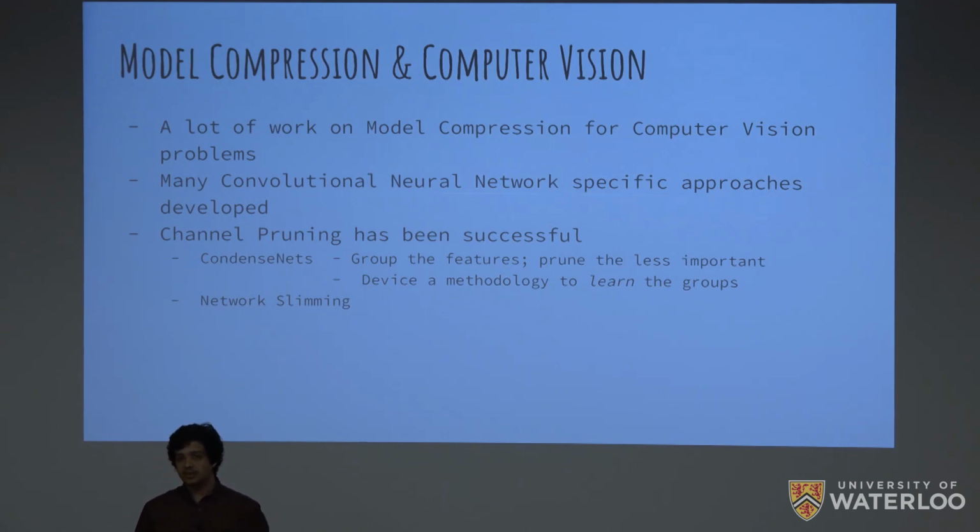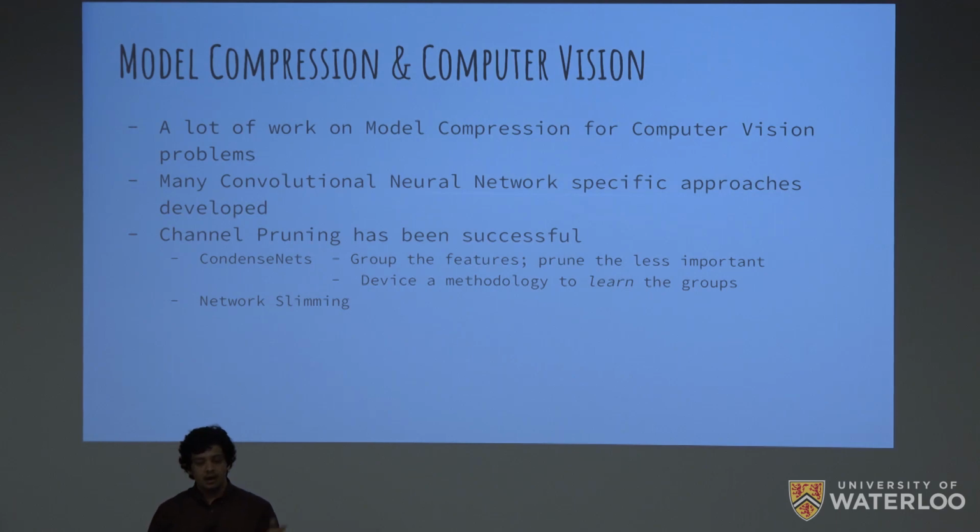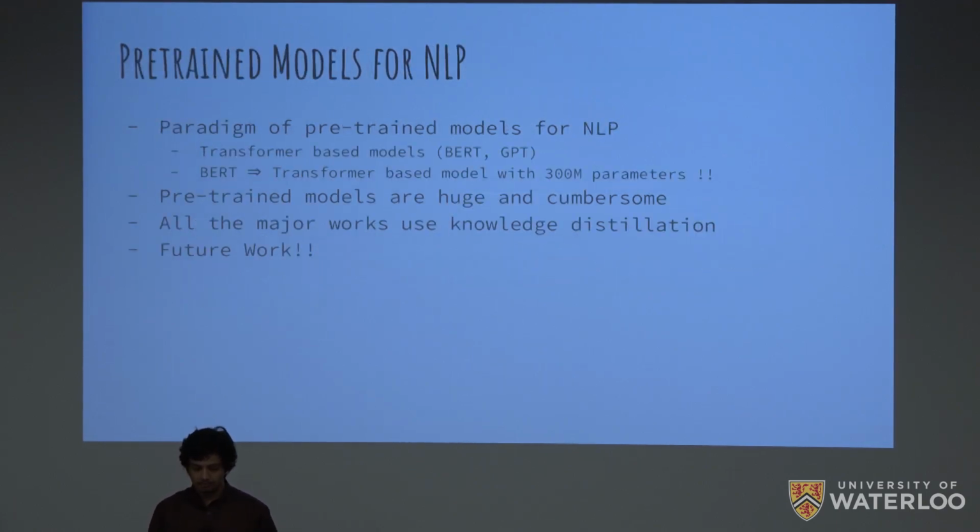These are some of the state-of-the-art techniques, specific to those convolution neural networks, and they work better than most of the techniques. So what might be interesting is if we can come up with similar techniques for NLP models, where now there is a recent trend which is coming up, which I'll be talking about.